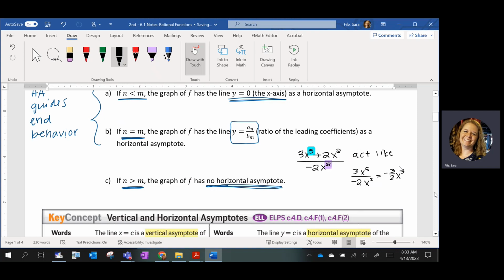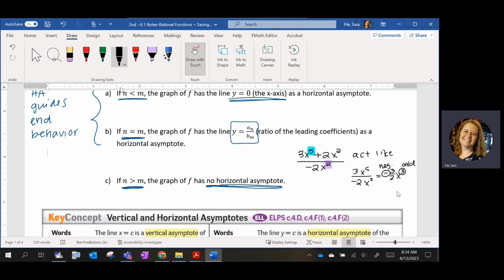Now that looks like a polynomial, doesn't it? So now can I do the leading term test that we did on the last test we just took for polynomials and say that this degree is odd, and this leading coefficient is negative.